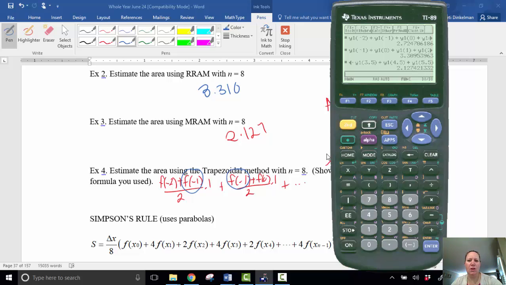And maybe there's one in the assignment that I can show you that you actually have to write out like I started here. So again, the heights are all 1. I'm going to divide all of them by 2. And then I'm going to have y1 of -2. But with the next one, with the f of -1, I'm going to have 2 of those. So I'm going to call that 2 times y1 of -1. And that's going to happen all the way until I get to the end one.